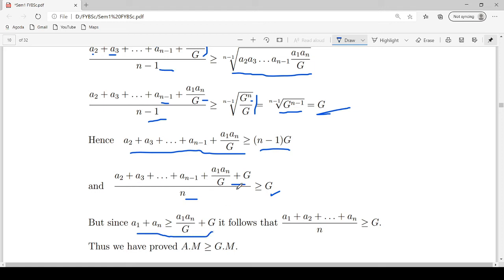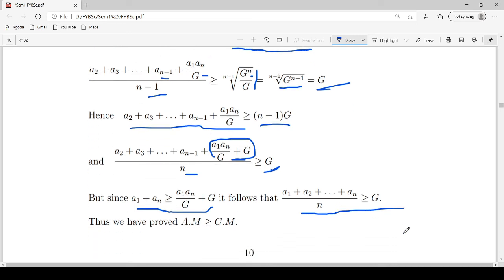Therefore, in the above inequality, if you replace this a1 into an upon g plus g with a1 plus an, still you are going to get that the left hand side is greater than or equal to g. That means you will get (a1 plus a2 plus up to an) divided by n is greater than or equal to g. But g was the geometric mean and this a1 plus a2 up to an divided by n is the arithmetic mean.